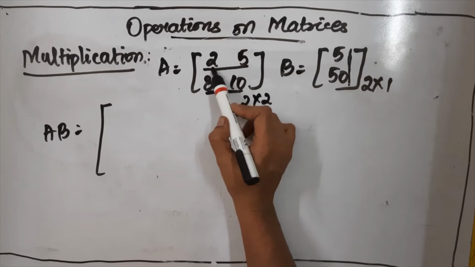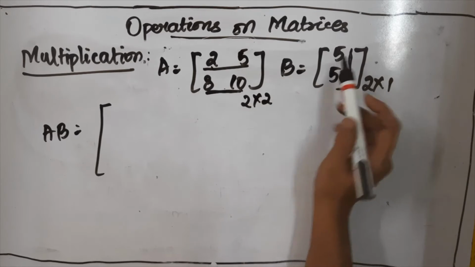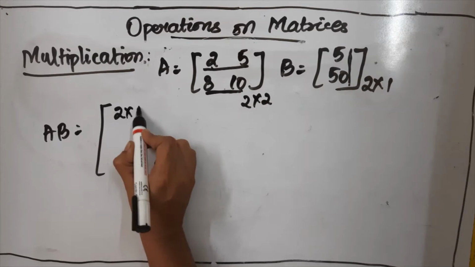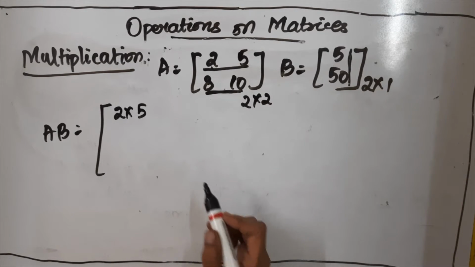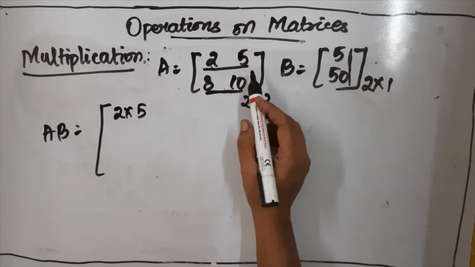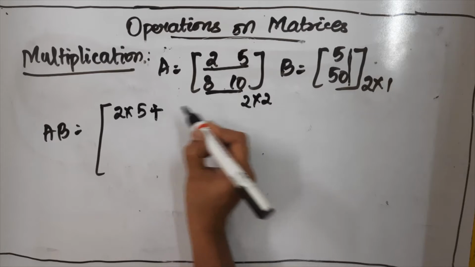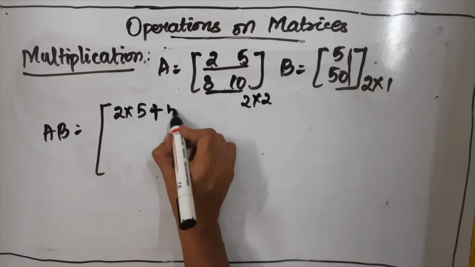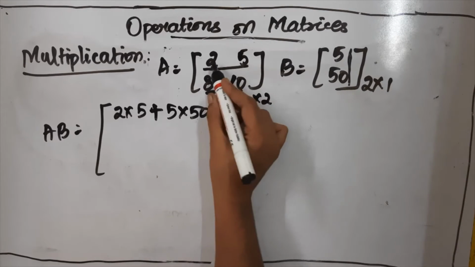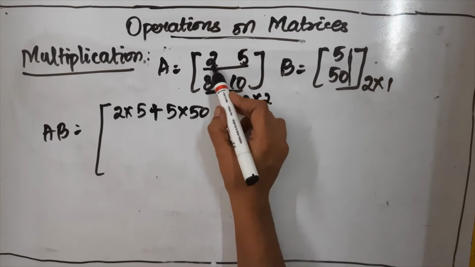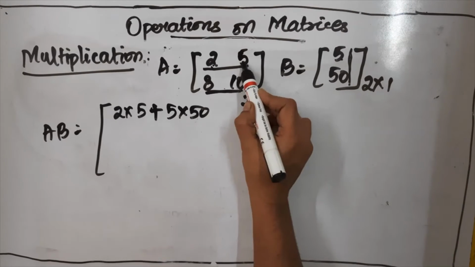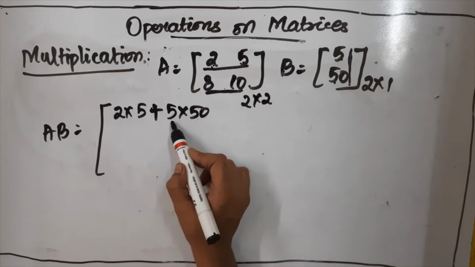So first 2 into 5 plus 5 into 50 will give me the element for first row, first column.